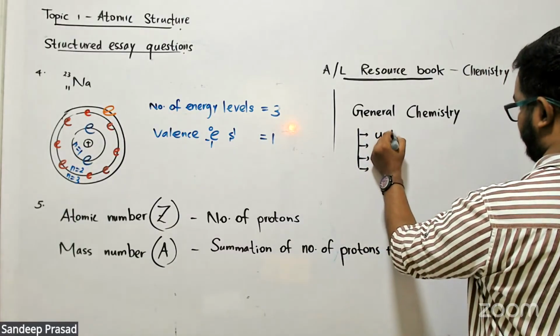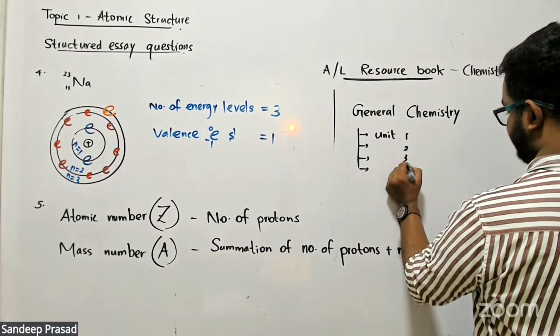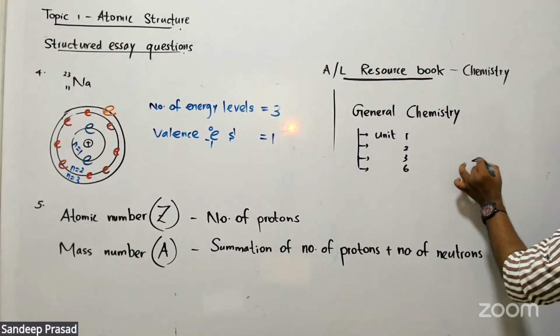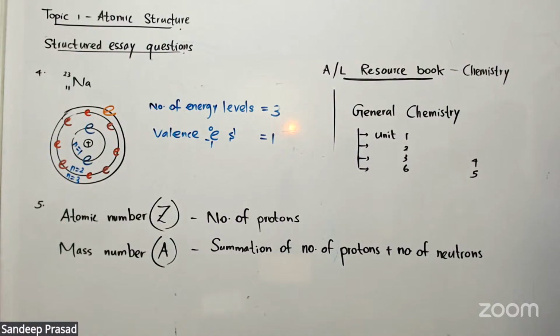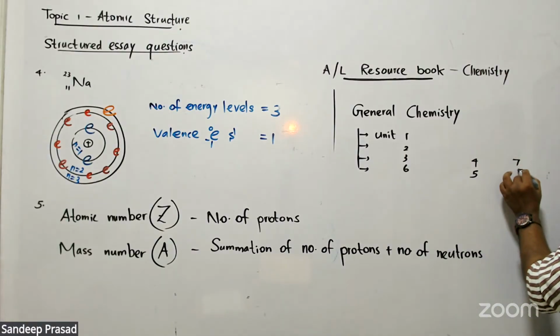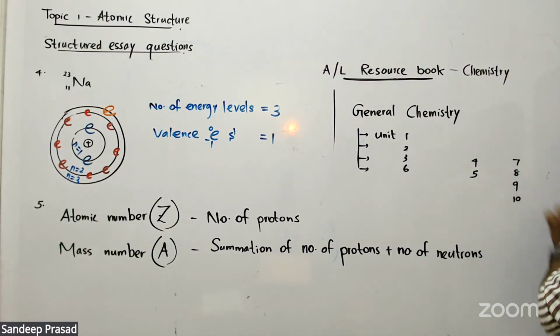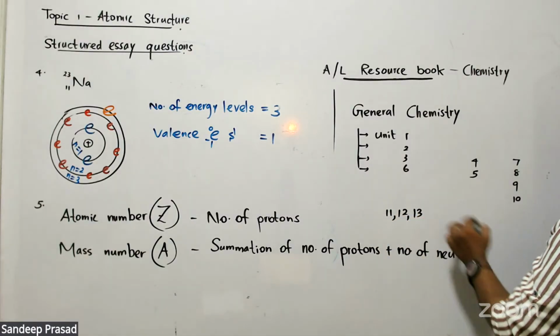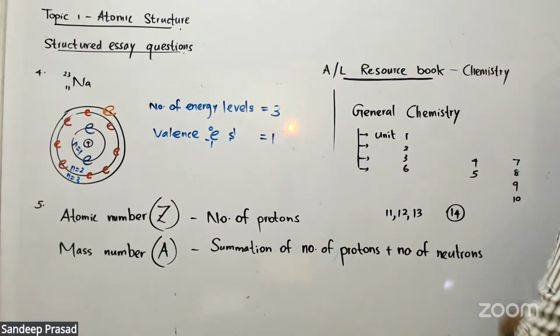Okay, unit number 1, 2, 3, and 6. Then there is another book for unit number 4 and 5. Then there is another book for unit number 7, 8, 9, 10. Then 11, 12, 13 in another book. Unit number 14 is in a separate book.